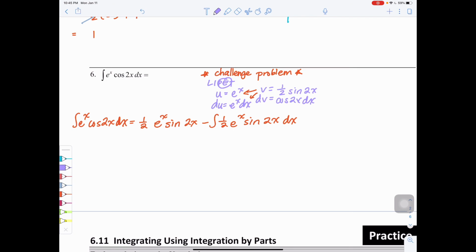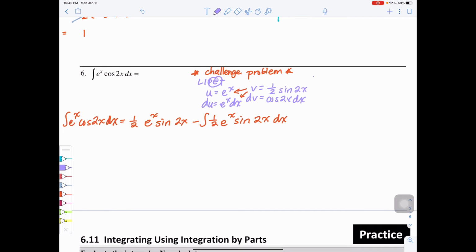So let's go ahead, and this time we're going to let u be e to the x, and we can go ahead and keep this 1/2 on the outside.